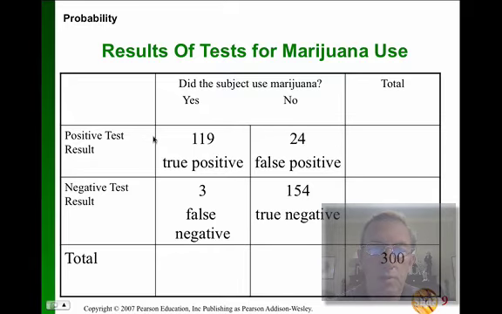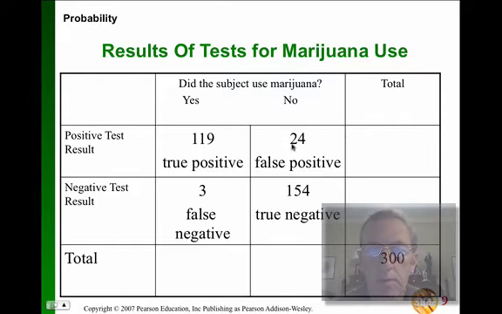But yes and positive, 119. Yes and negative, 3. No and positive, 24. And no and negative, 154. Now we can see these relationships and we can count them up. 3 happens to be 3 divided by 300, that would be 1% of our population.